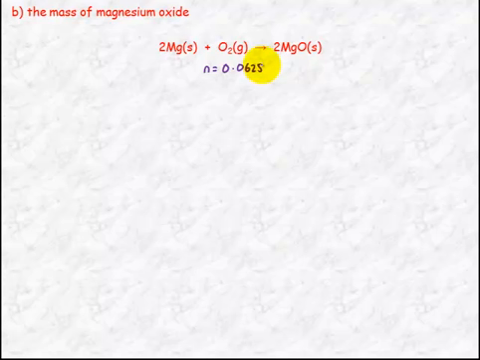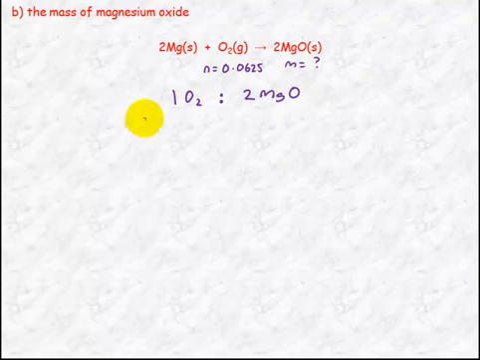We're trying to work out the mass, mass equals question mark, just so that we remember what we're trying to work out. So we know that 1 O2 will react to produce 2 magnesium oxide.